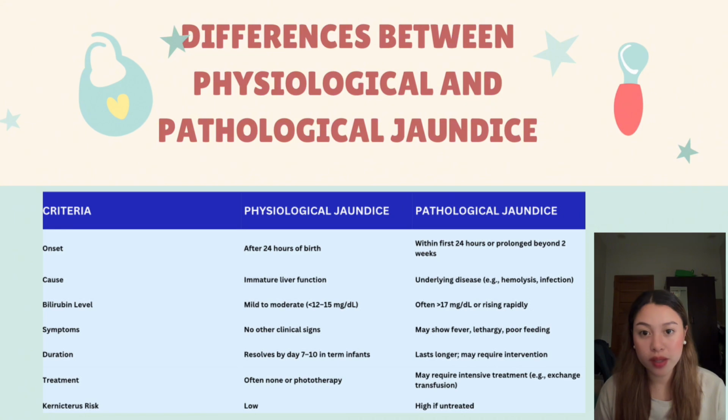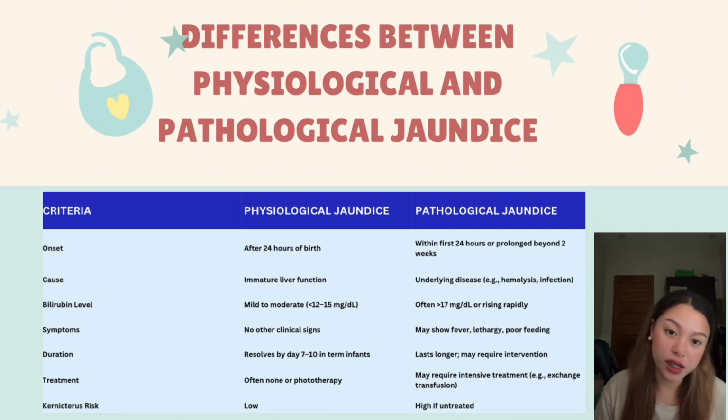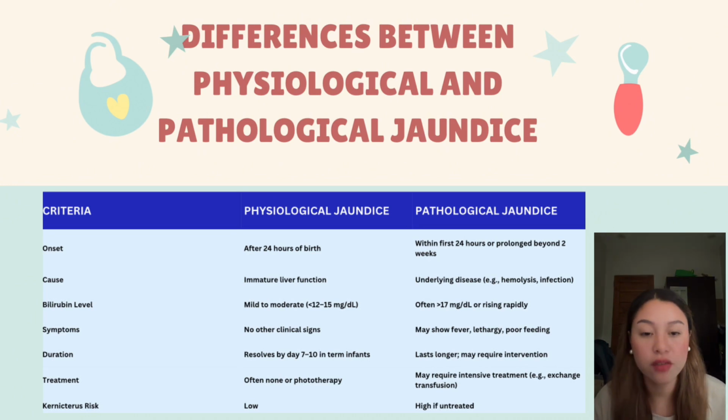For the treatment, for physiological, often none or phototherapy. And for pathological, may require intensive treatment such as exchange transfusion. And for the kernicterus risk, for the physiological it is low, while for the pathological it is high if untreated.